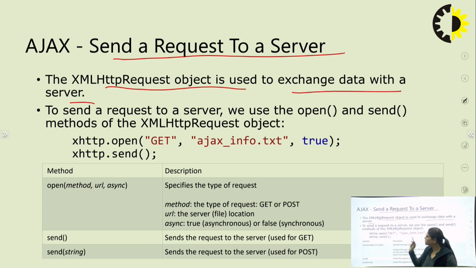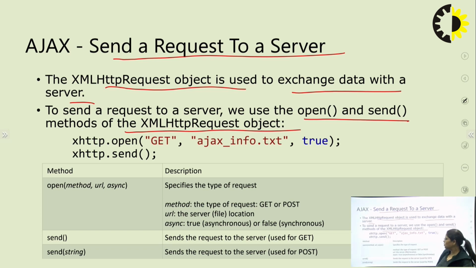Now, if we have to send the request to the server, we will use other methods: open and send, along with this XML HTTP request object. This is the syntax. First of all, we have to open the connection: xhttp.open.